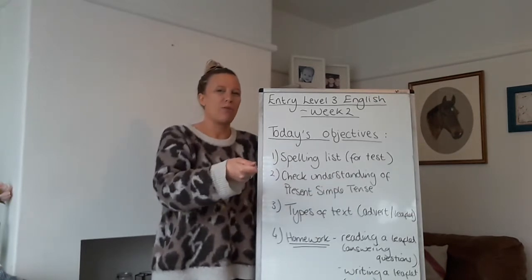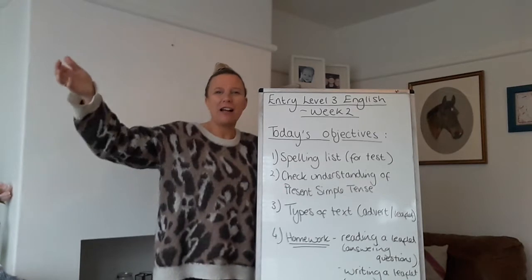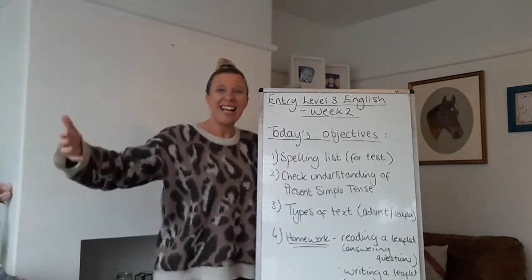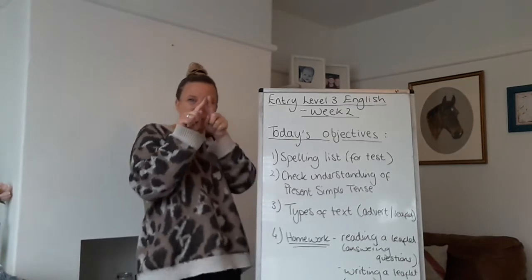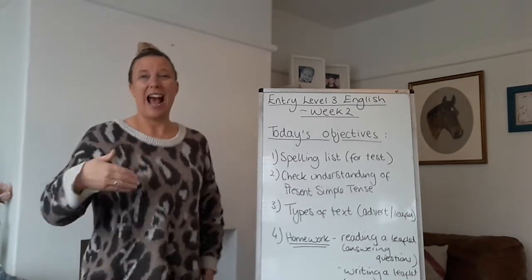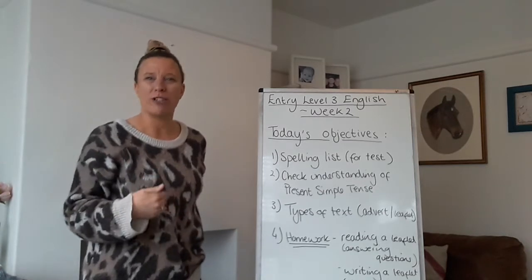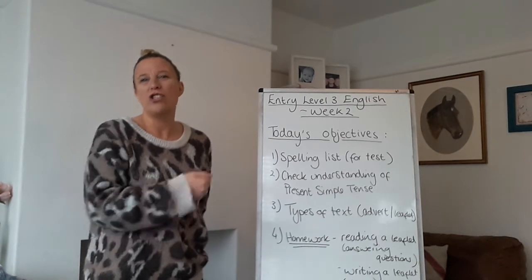Maybe it comes through the post box and it tells you about a cleaning company or a gardening company or a window cleaner. Leaflets are usually this size, and they come through your post and they advertise something. They tell you about a service or a new shop opening or a new restaurant opening or something.